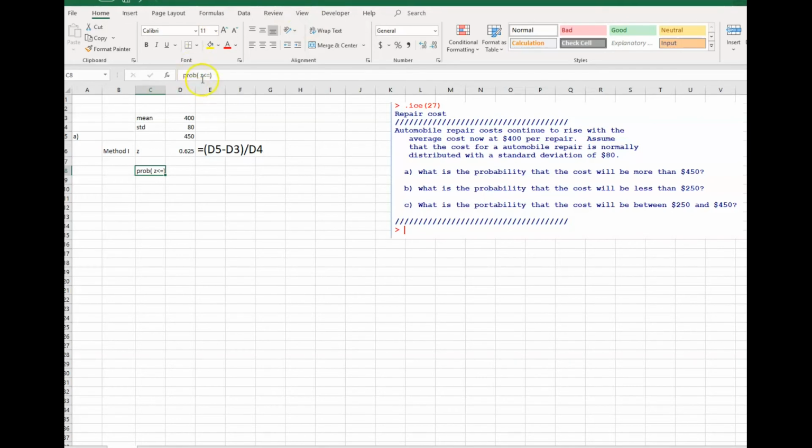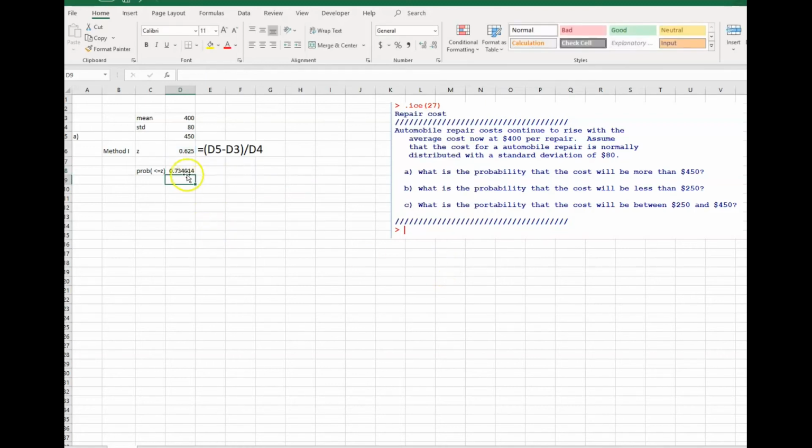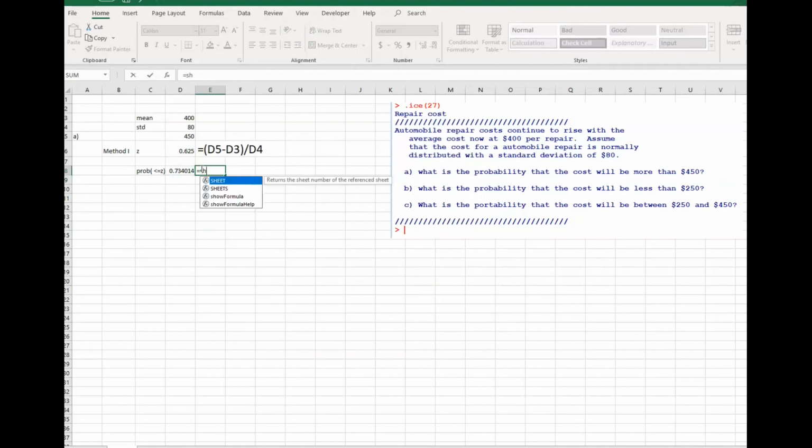We use NORM.S.DIST because this is standard normal. The z value is 0.625, and this is cumulative probability, so I answer true.